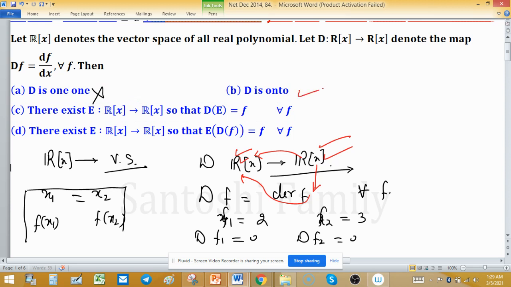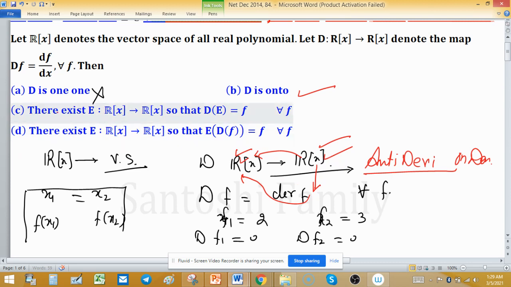So D is onto. This is perfect, and this is nothing but the antiderivative. The antiderivative will be present in the domain, and its derivative in the codomain.